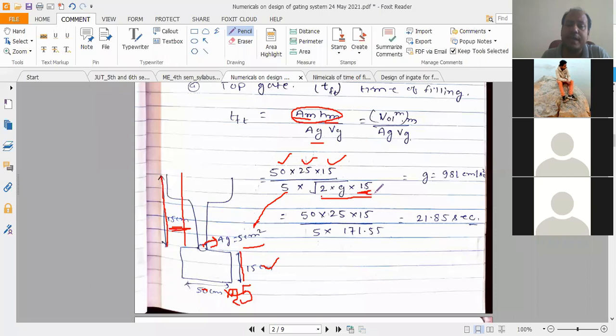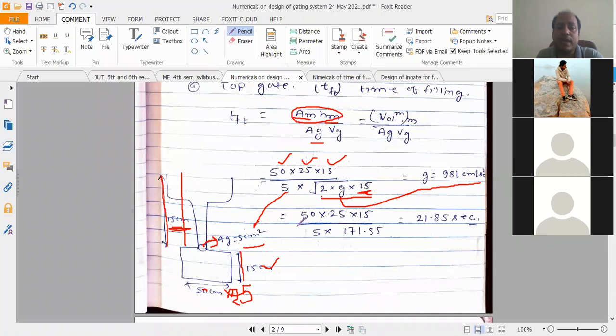So we have written it here, the 15 centimeter, and the g will be calculated as 981 centimeter per second square, because all dimensions are given in the centimeter. So we have taken it in centimeter. 9.8 is the meter per second square, but we can multiply it by 100, so meter will convert into the centimeter.